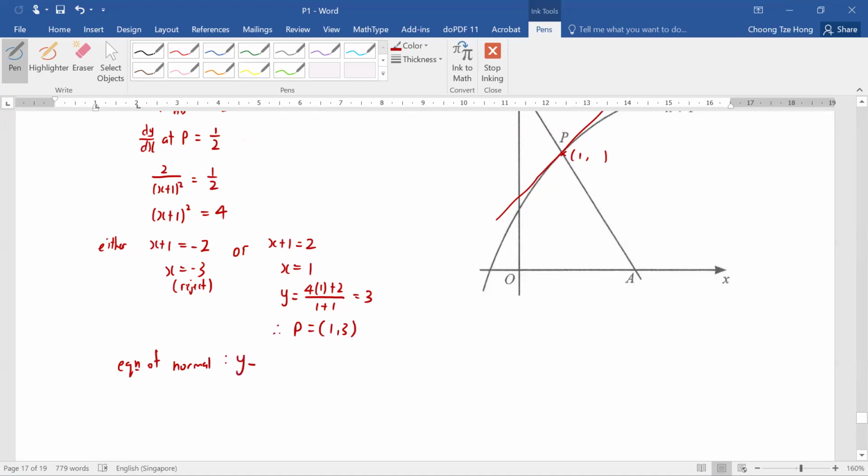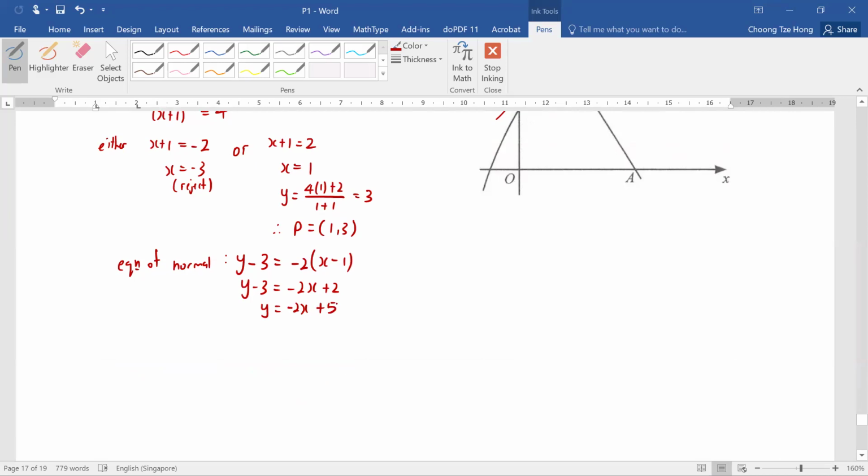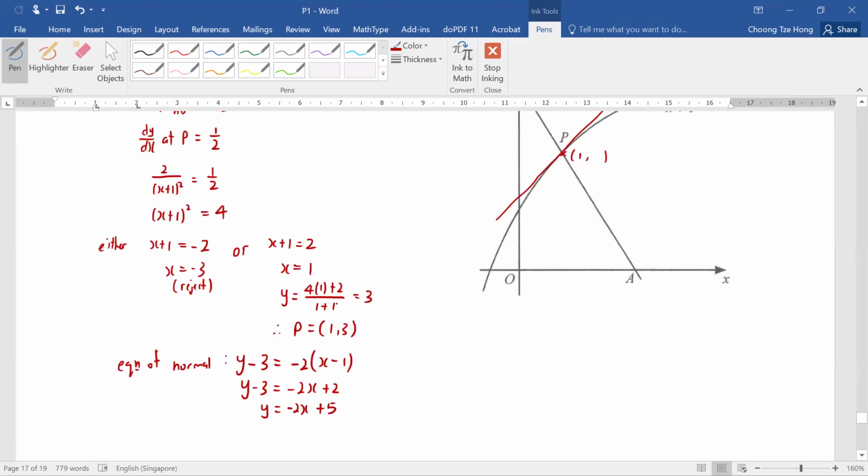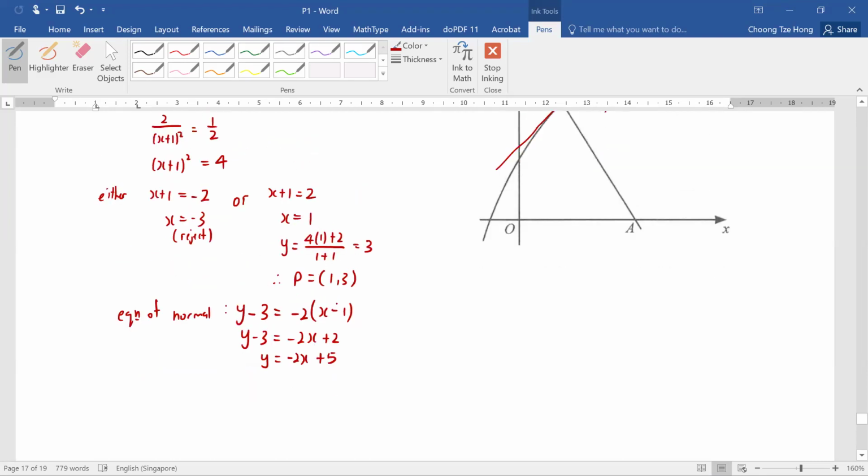Okay, so y minus y1 equals gradient, which is -2, times x minus x1, which gives y equals -2x plus 5. Okay, so we'll get that. Now we can go ahead and find the coordinates of A and B, and then we will be able to find the area very easily. Okay, so let's continue over here.